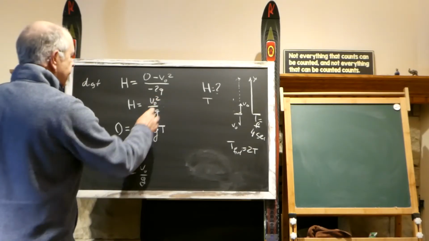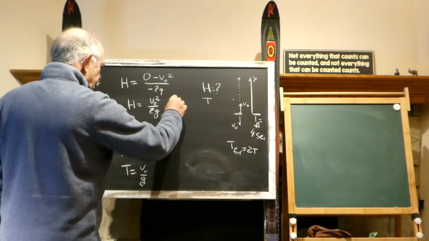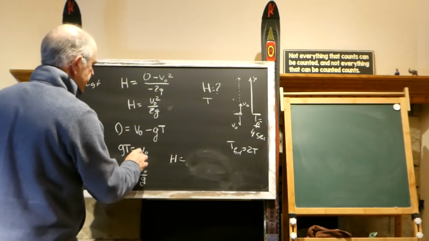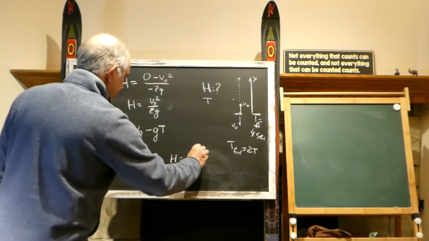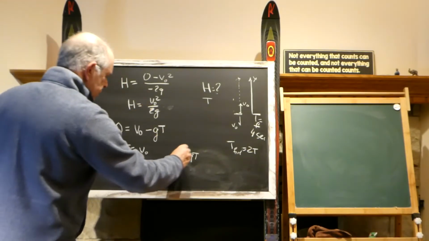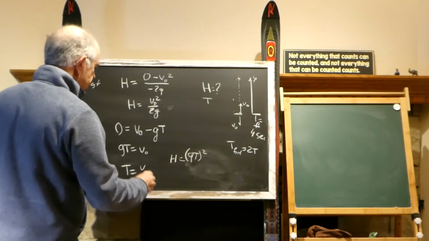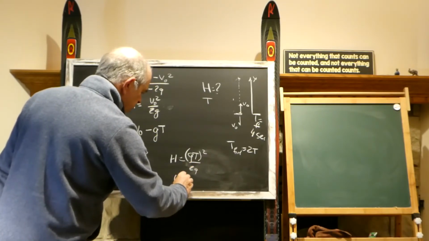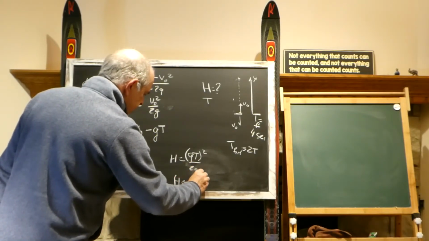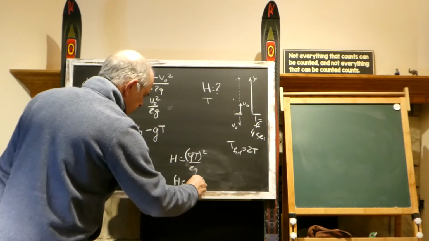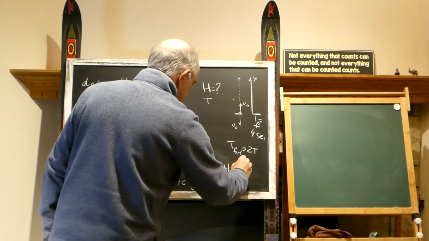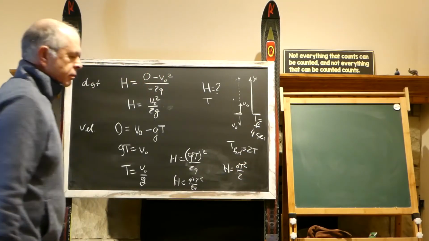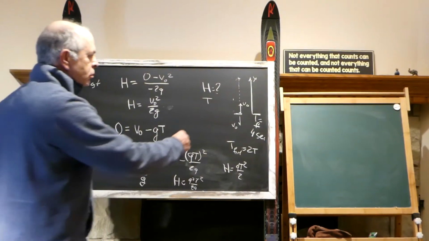So we can plug it here, and we can obtain h equals, instead of v0 it would be gt, right? v0 squared over 2g. H equals g squared t squared over 2g. H equals gt squared over 2. Exactly what I told you 2 minutes ago.